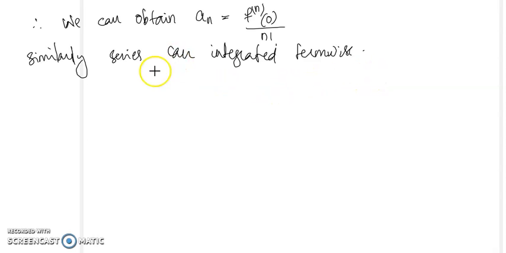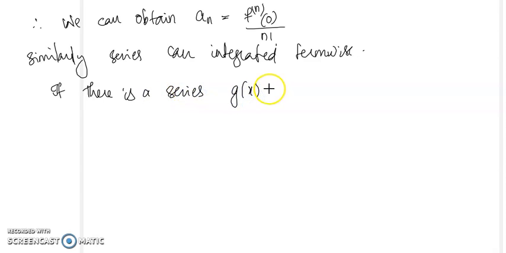And again if you have a series which converges to the sum g of x, so if there is a series g of x equal to summation n equal to 0 to infinity bn x raised to n, where you have mod x less than r.